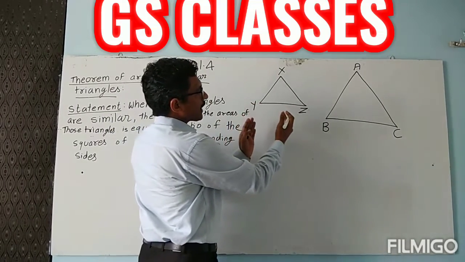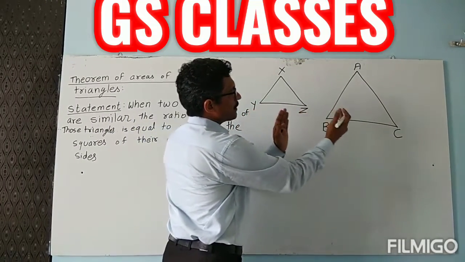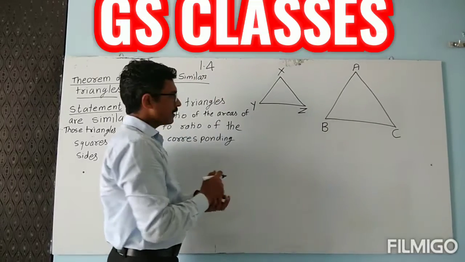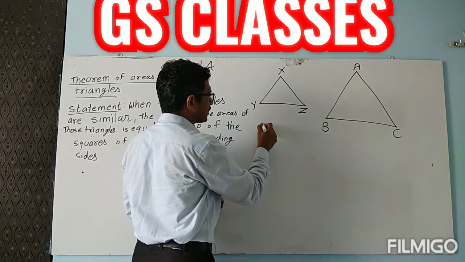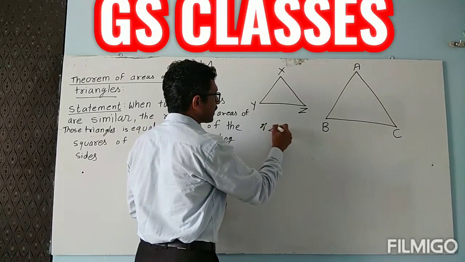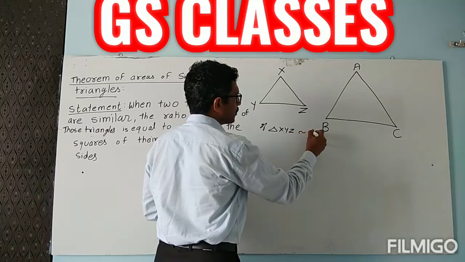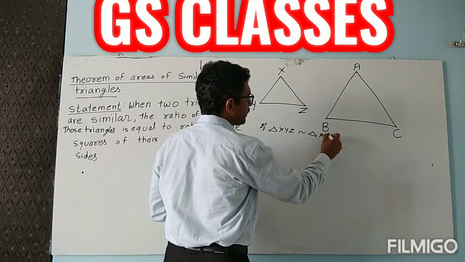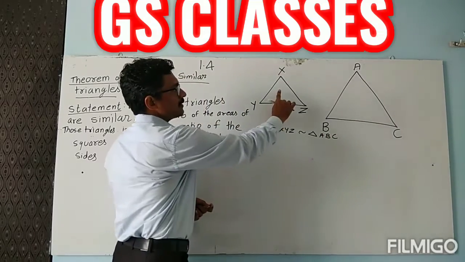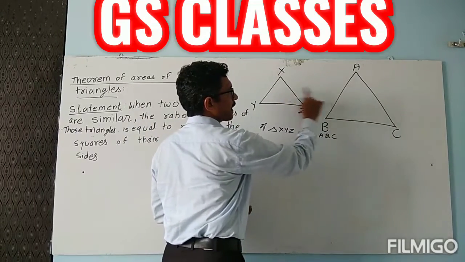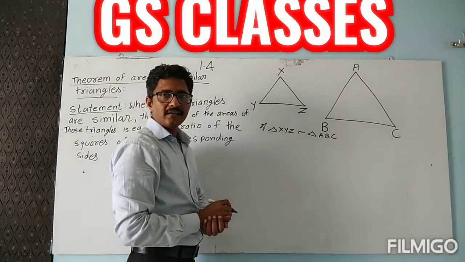Suppose there are two triangles XYZ and ABC, and triangle XYZ is similar to triangle ABC. These two triangles are similar.